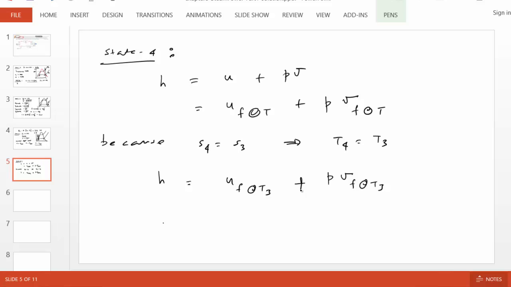We can go pick up these numbers, but notice that we can also write, because this is H4, so if we write H4 is this, and H3 would be therefore also UF at T3, temperature doesn't change.